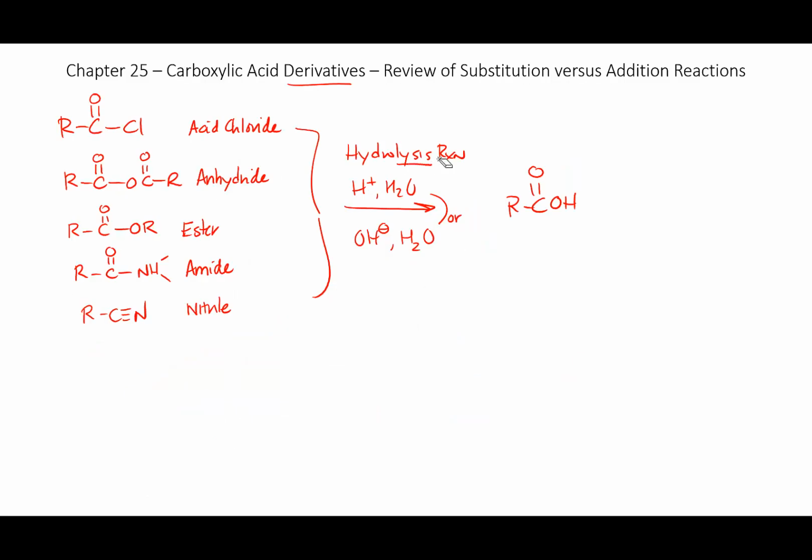Hydrolysis: lysis means cleave, like you learn in biology, and hydro means water. So all of these are cleavage by water, and the molecules themselves are actually going to be cleaved as well to form a carboxylic acid. So that is what a carboxylic acid derivative is: anything that undergoes hydrolysis to form a carboxylic acid.